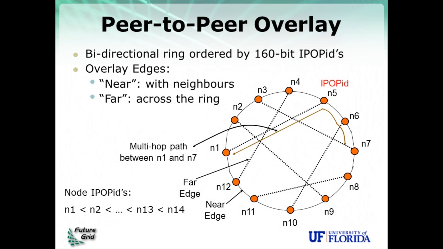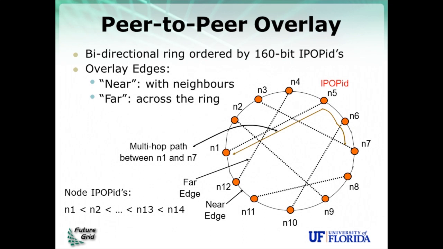In this example, a far edge connects node 12 to node 4. The reason for these far edges is to support scalable routing. If you only had near connections, routing would be order n hops, where n is the number of nodes in the network. With these far edges, it's possible to reduce the complexity to log squared n or log n.